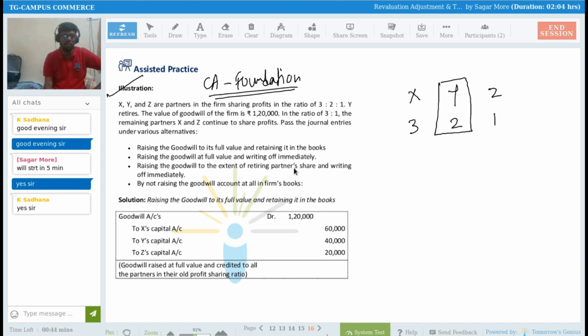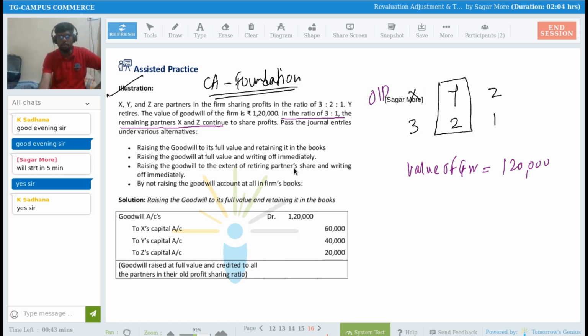So at the time of retirement of partner Y, goodwill is already there in the balance sheet, and the value of goodwill of the firm at the time of retirement is 1,20,000 rupees. In the ratio of 3:1, the remaining partners X and Z continue to share the profit.